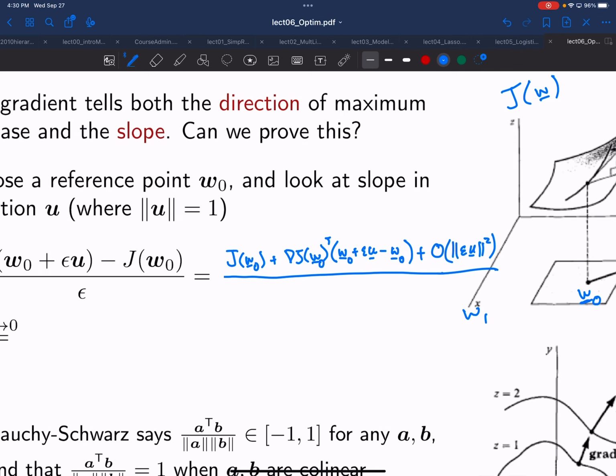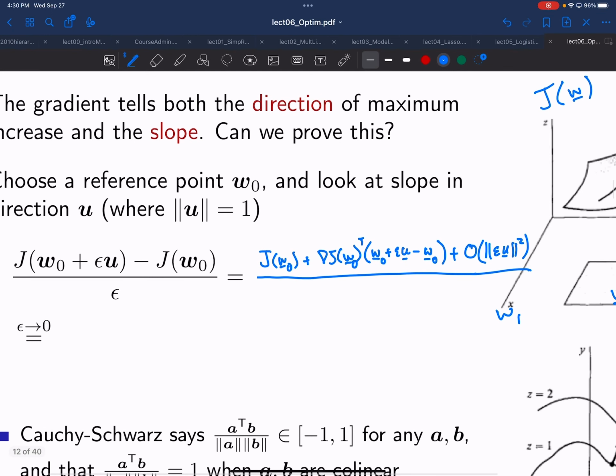So this whole thing plays the role of w in the Taylor series approximation.